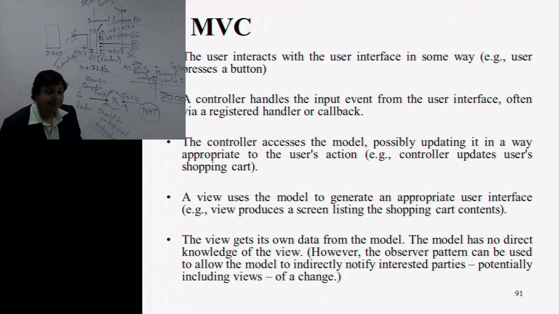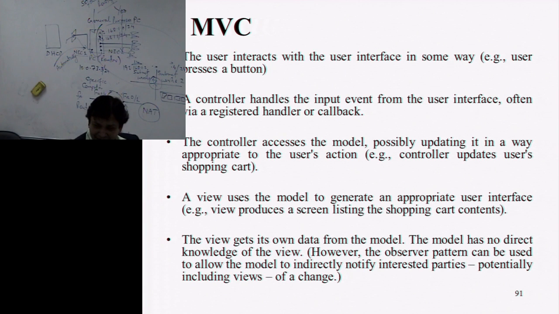Any question regarding the processing of the view, model and the controller? Again, like when you go to Amazon, that is a view for you. Now, when you select an item, the model will update through the controller.